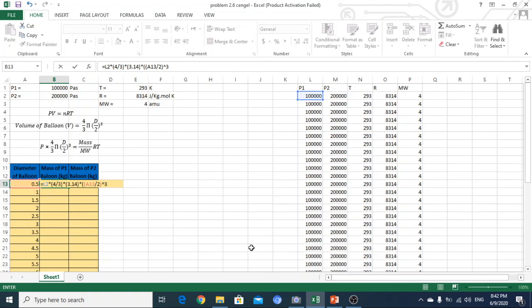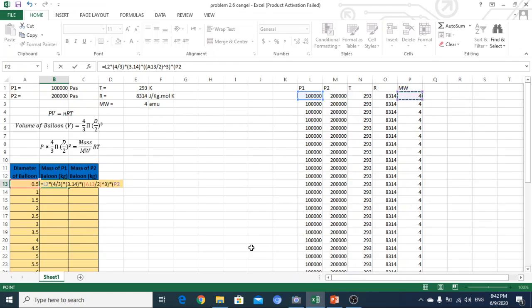Then I have to close another bracket. After that I have to multiply it with the molecular weight, which is 4, also present here.